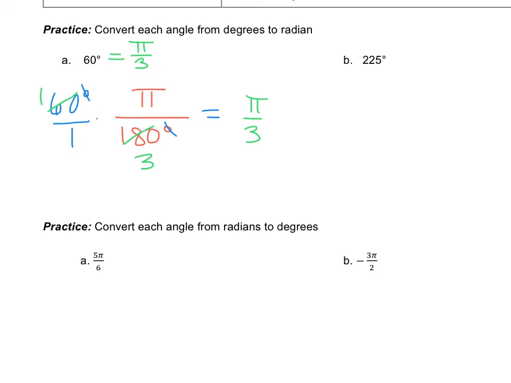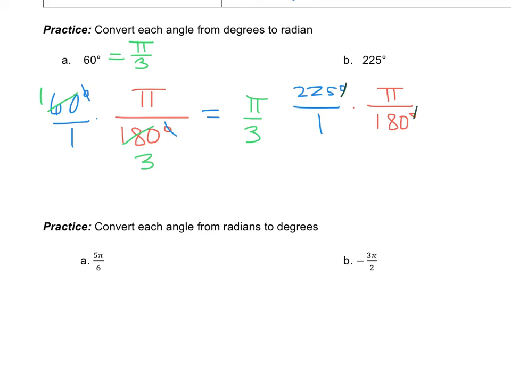Now let's look at 225 degrees. Okay, we're converting to radians, so we want to multiply that by pi over 180, right? We want those degrees to cancel out. So since we've got degrees in the numerator, 225, we want degrees in the denominator so they cancel out. That goes away, that goes away.